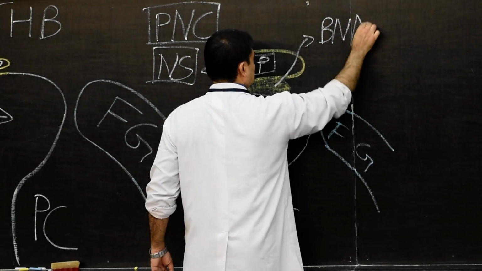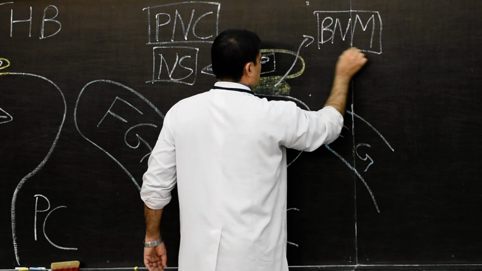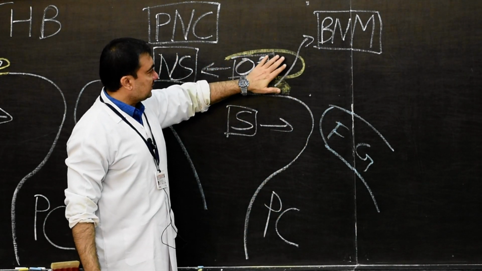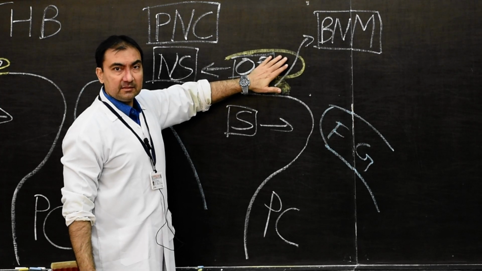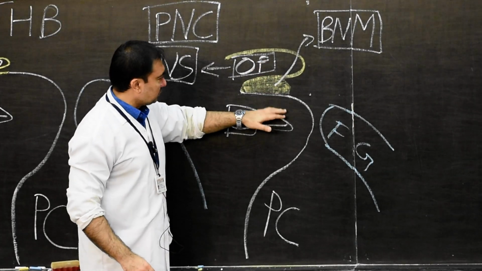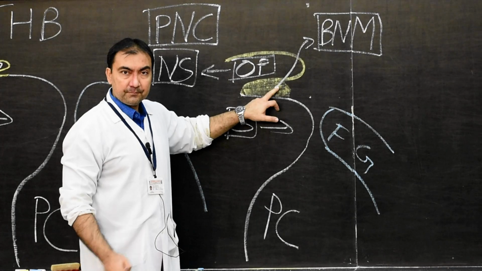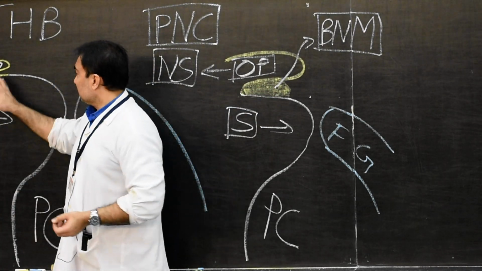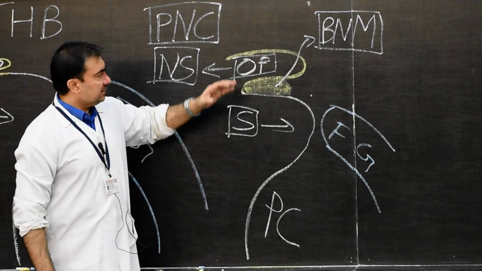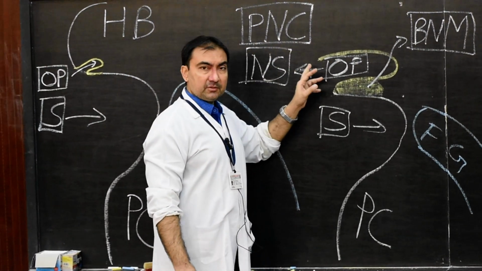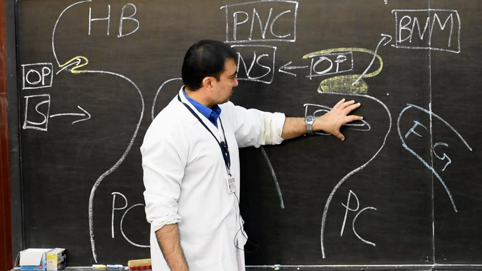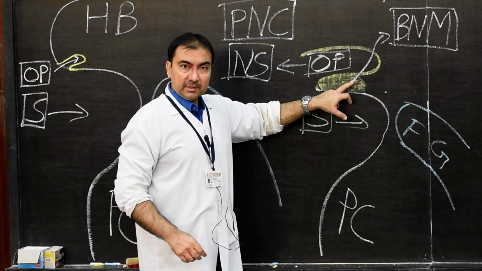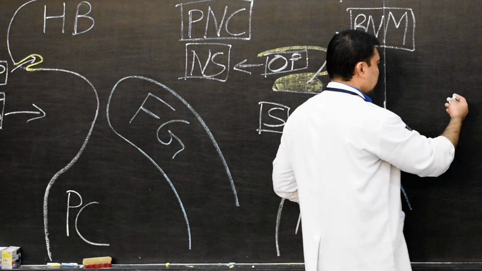Therefore, the entire nasal sac, or primitive nasal cavity, will be separated from stomodeum by bucconasal membrane. This was the second point. First point was olfactory pit. Second point, primitive nasal cavity or nasal sac, which will separate from the stomodeum by bucconasal membrane.